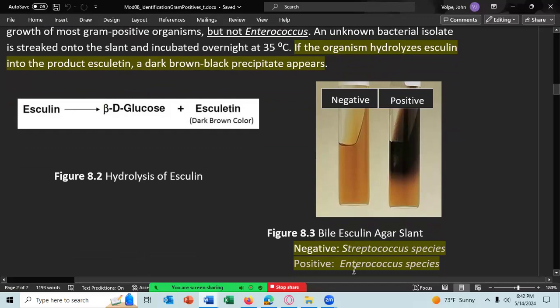An example of a positive is Enterococcus species. All Streptococcus species, meaning all members of the Streptococcus species, are negative for the bile esculin test. Any question about that?